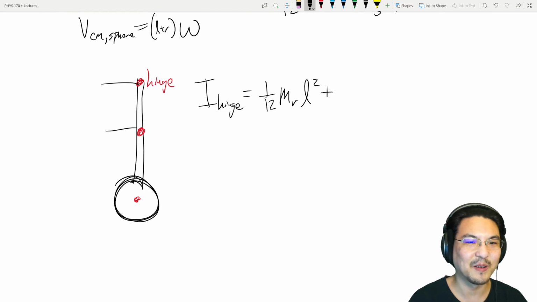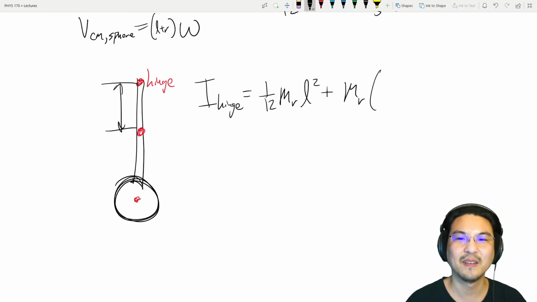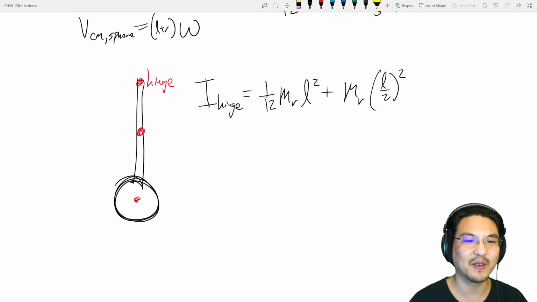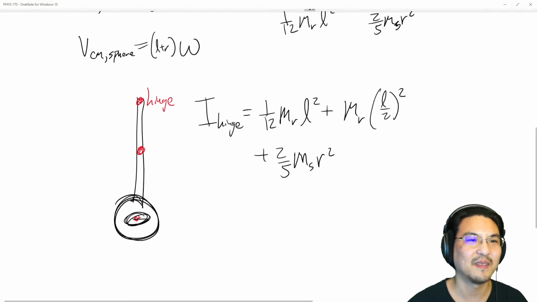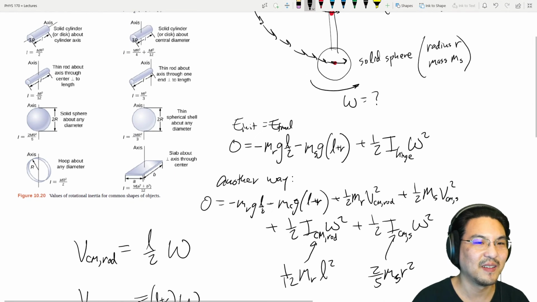So we have to add extra. How much extra? The mass of that bar times the distance between these two axes squared. Now for the sphere, here it is 2/5 m r squared. Let me double check. Yeah, right here.